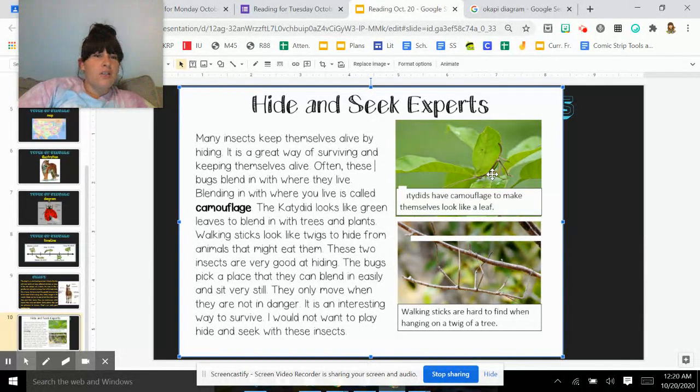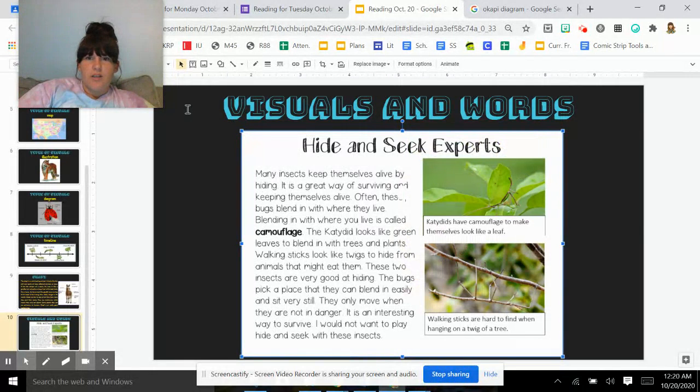There are no words in this world that I could put into this text that would describe how much this creature looks like a dang leaf. That's craziness. And same thing with our walking stick that we have down here.